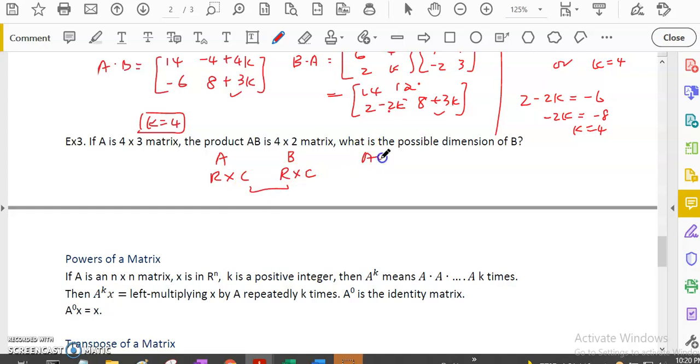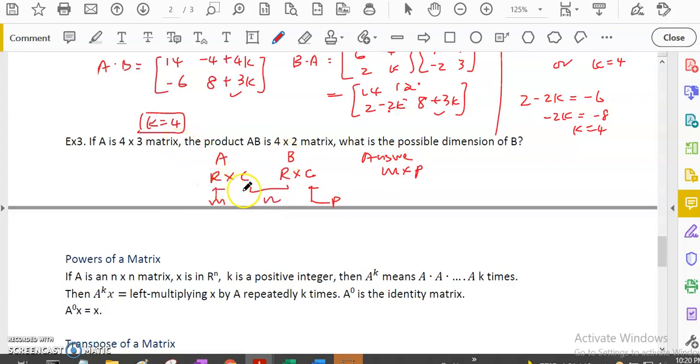And the answer is this one, R and C. This is M, this is P, so it's M times P. And this has to be N, right?